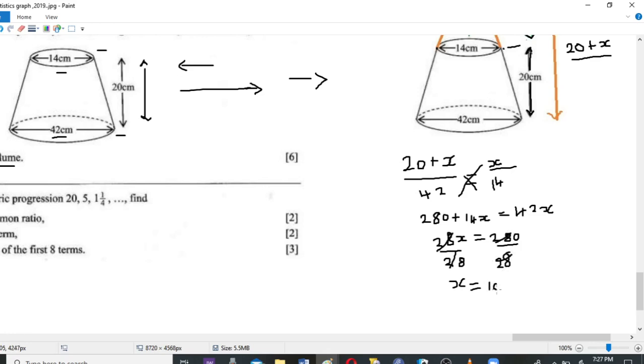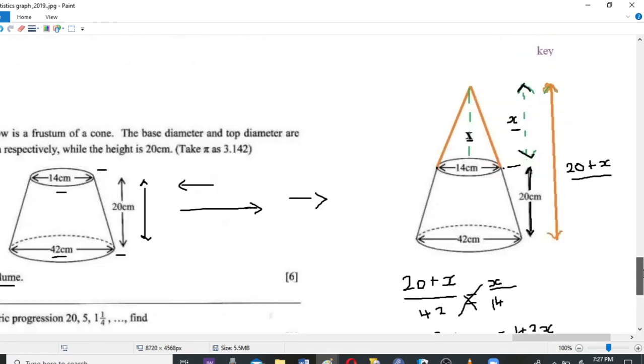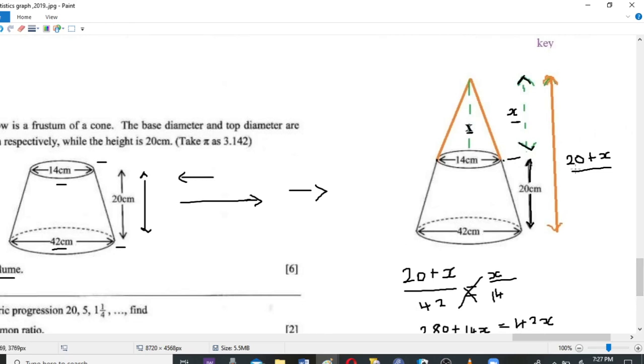So the value of x is 10. So the total height will be 20 plus 10, which gives us 30 centimeters. So the total height for the complete frustum is 30 centimeters.